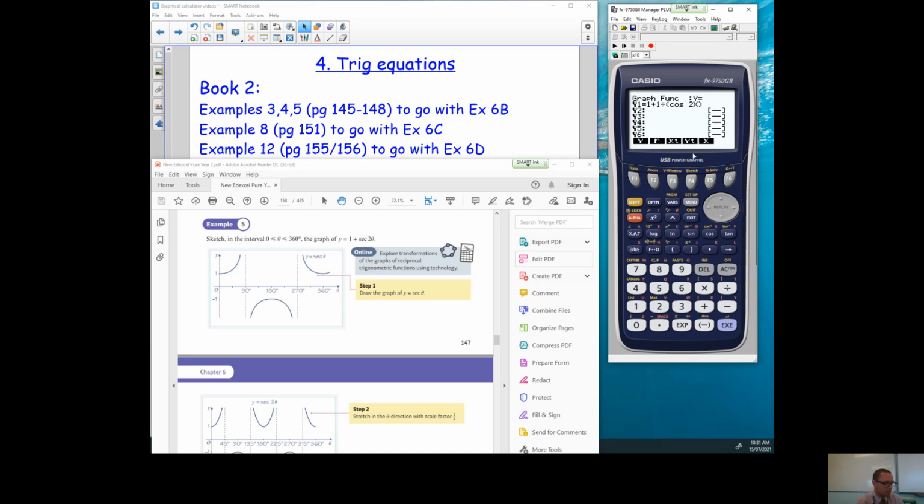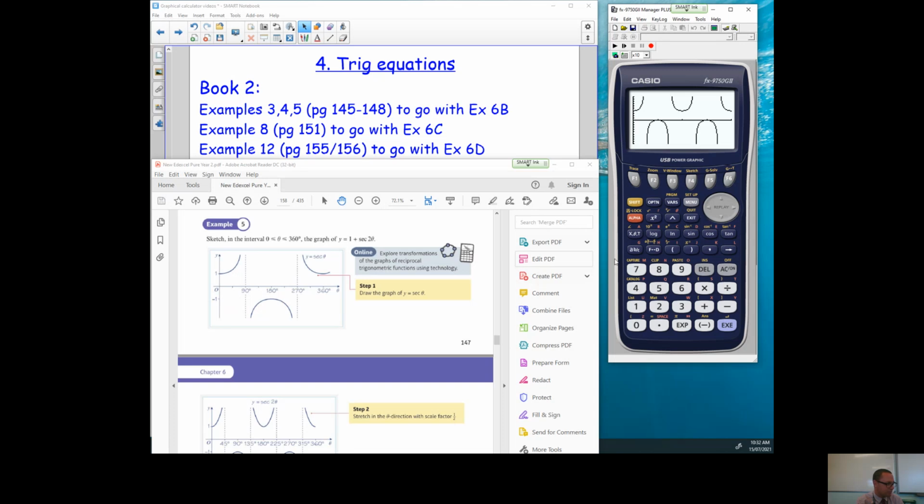Now it might be that we need to put another bracket here and here, but we'll see how we get on. So let's execute that and draw it. Looks pretty good. So V window, and we just want to adjust it between 0 and 360. So 0, execute, 360, execute, exit, draw, and there we have it.